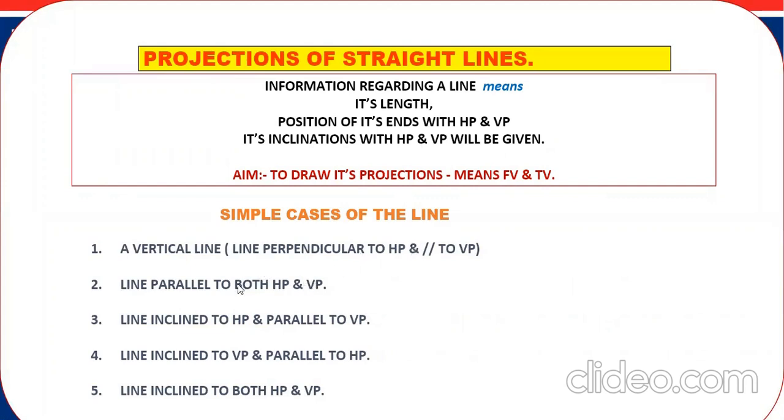Second, a line parallel to both HP and VP. Third, line inclined to HP and parallel to VP. Fourth, line inclined to VP and parallel to HP. And fifth, a line inclined to both HP and VP.